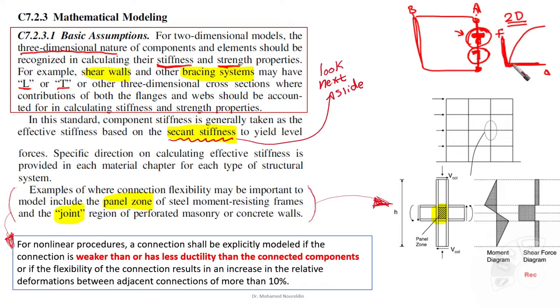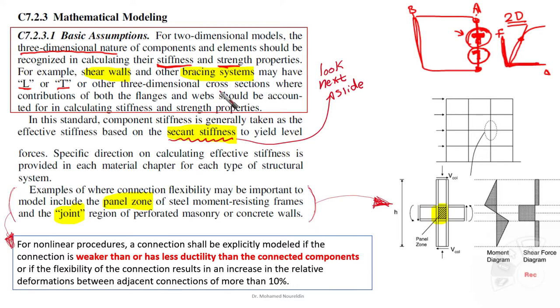After having this relation, we are going to use the stiffness related to this element, and we are going to talk about the secant stiffness here, as I'm going to explain in a minute.